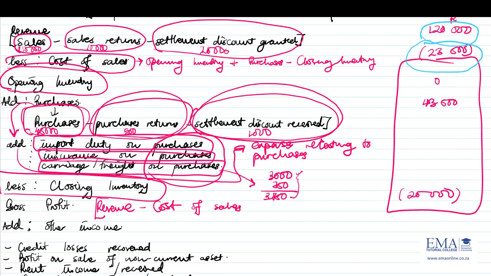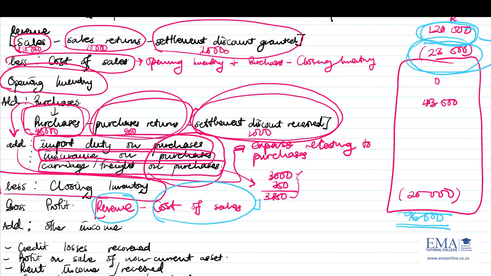Meaning that your gross profit will be the 120,000 minus the 23,500, and then this will give you 96,500 as your gross profit. So please note that gross profit is your revenue minus your cost of sales.